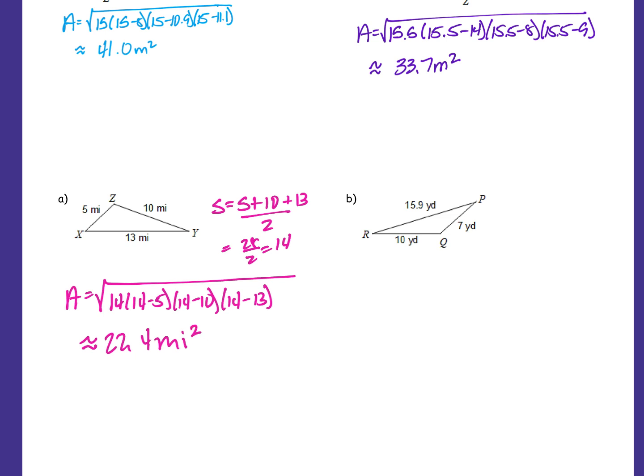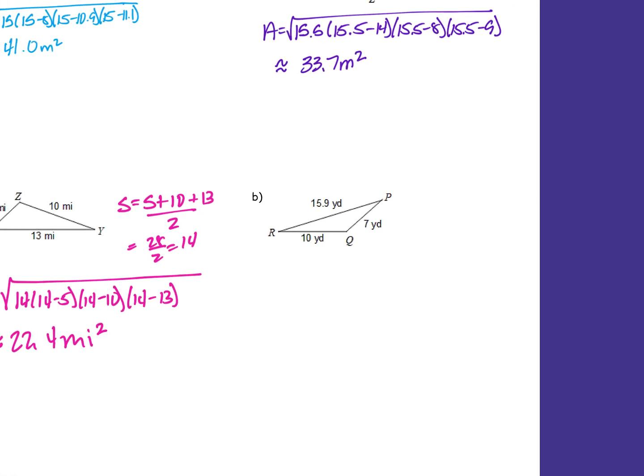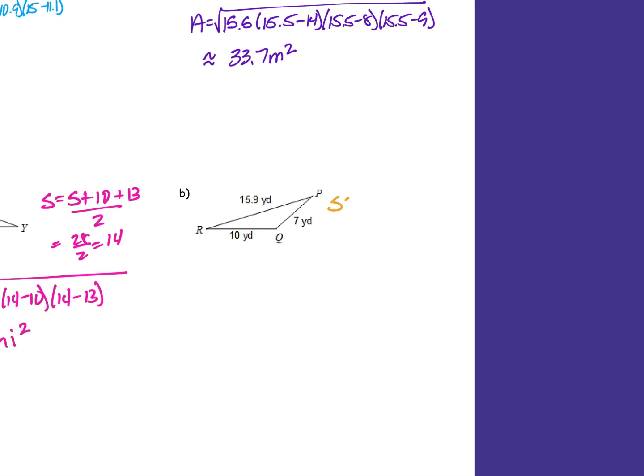And then for B, S is going to be 15.9 plus 10 plus 7 divided by 2, which is equal to 16.45.